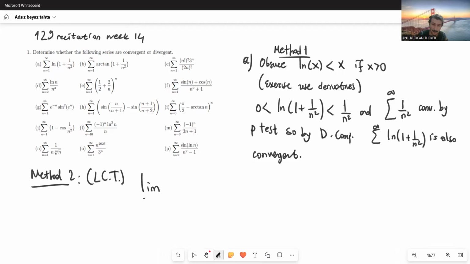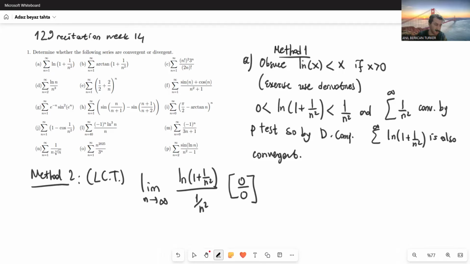That's why I am applying the limit comparison test to ln(1 + 1/n squared) and 1/n squared. So when n goes to infinity, this is 0, this is 0, so 0 over 0.